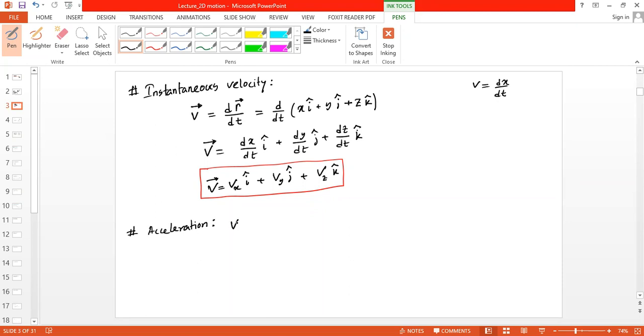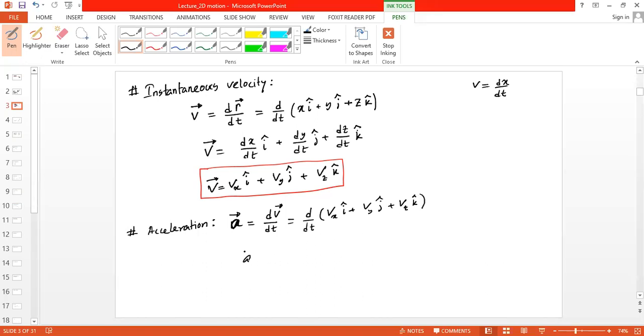And again, we can also write an expression for instantaneous acceleration. We know that instantaneous acceleration a is defined as d/dt of v, where v is the velocity vector, which can be written as v_x i plus v_y j plus v_z k.